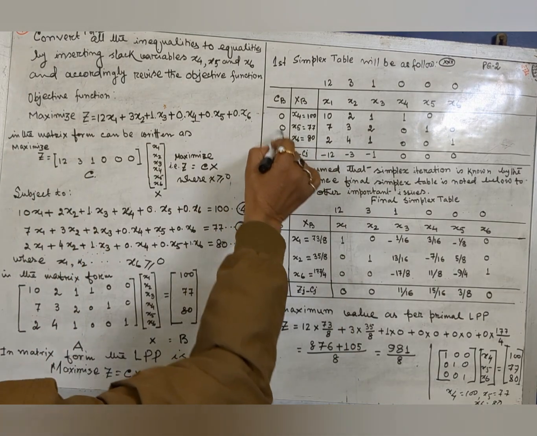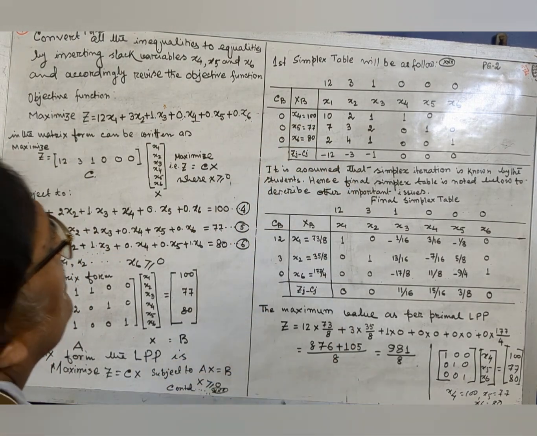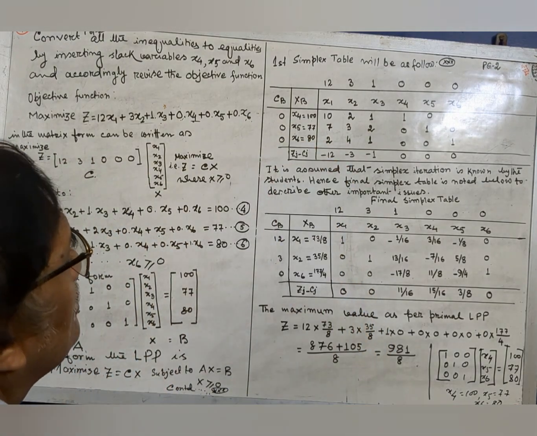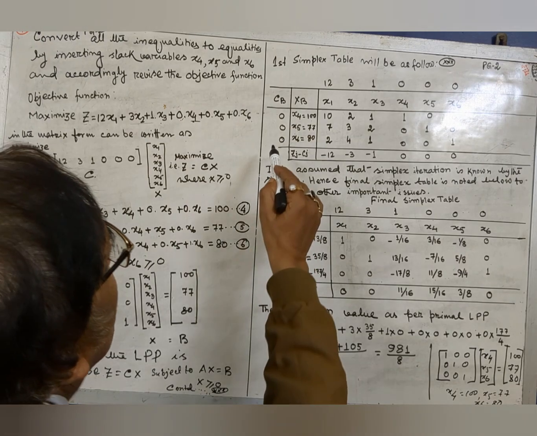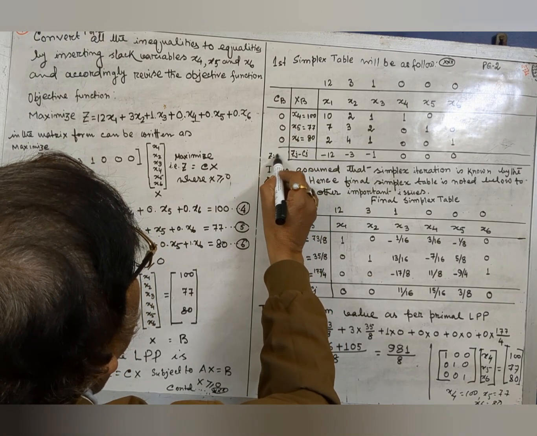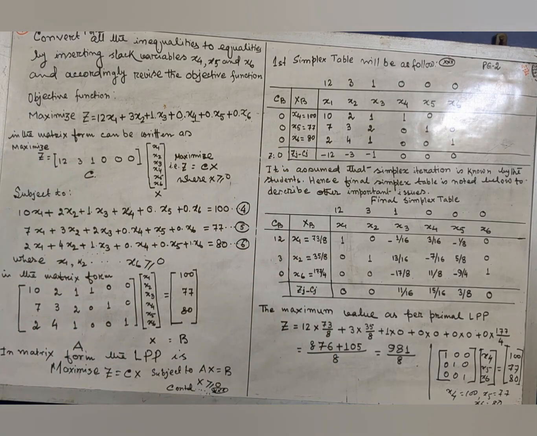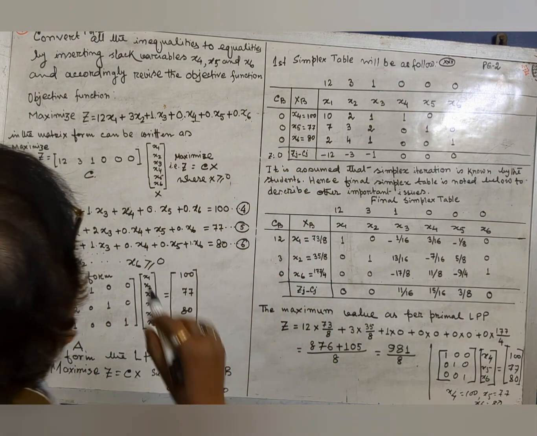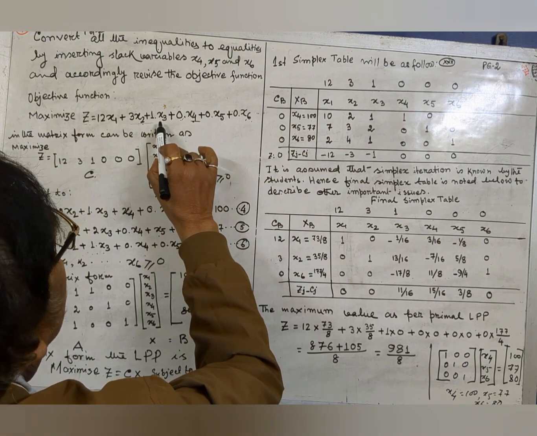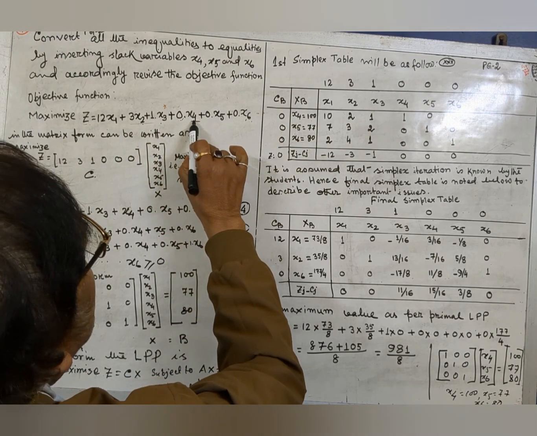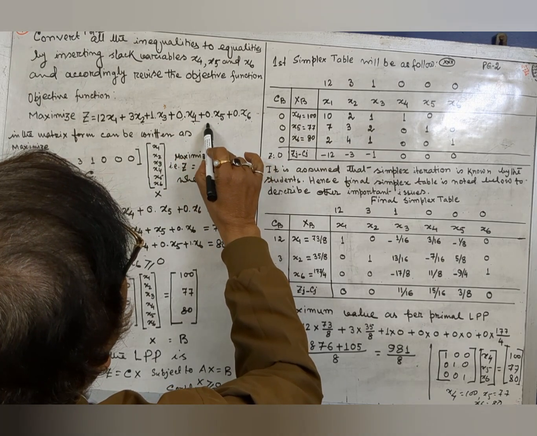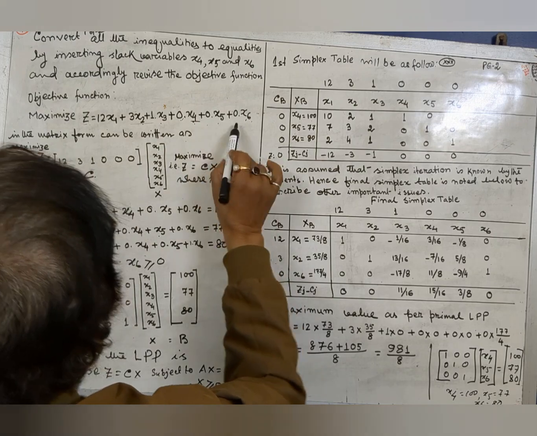And this is the coefficient of the basic variables. If you put the solution in the objective function, you can see the value of Z will be 0. Why will the value of Z be 0? Because x1 = 0, x2 = 0, and x3 = 0, and x4 = 100 times 0 is 0, 77 times 0 is 0. That means all of this will be 0.